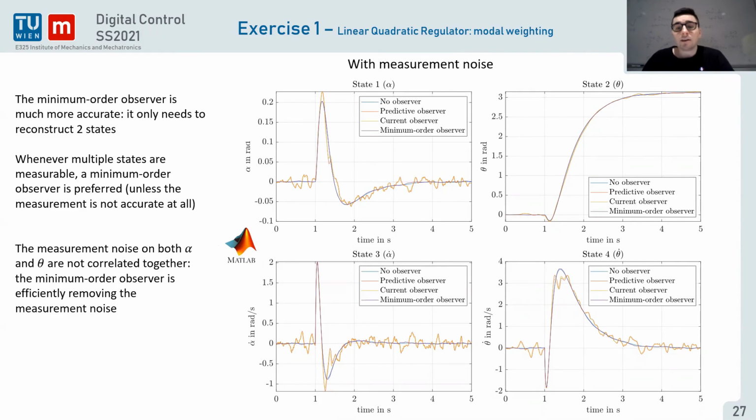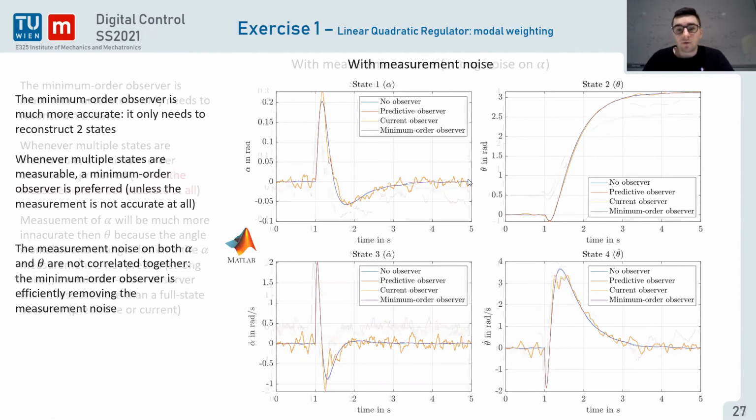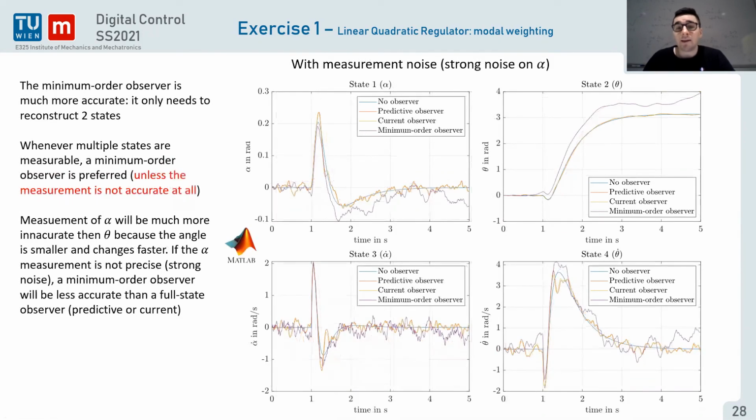Every time you have multiple measurements, even if there's some noise, usually it's okay. The only critical point is when you have really bad estimates. Here the purple line on the graph of alpha is the measurement, and you can see that the sensor is really bad because there's a really big gap. Here I can even say the sensor is not working properly. It was in simulation, so I made it on purpose.